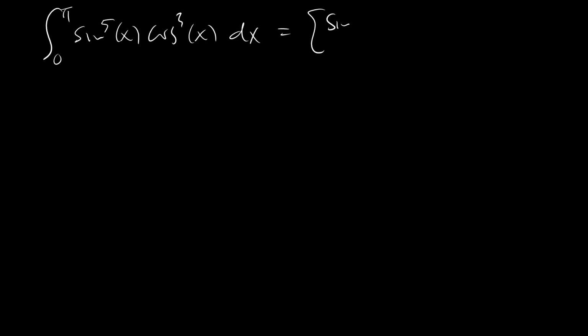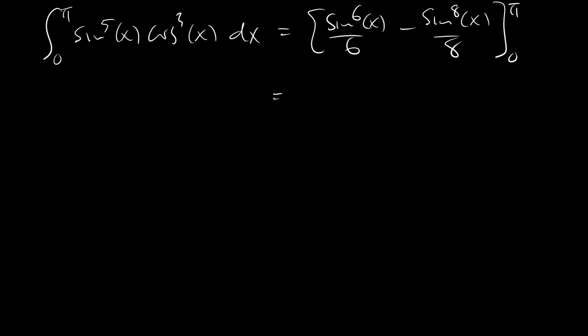So we have the integral from 0 to pi of sine to the fifth x cosine 3x, that is sine to the sixth x over 6 minus sine to the eighth x over 8, from 0 to pi.